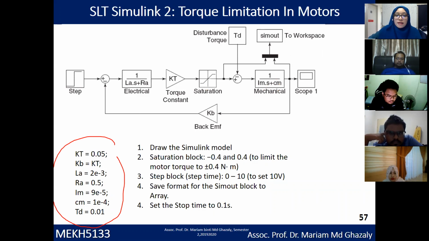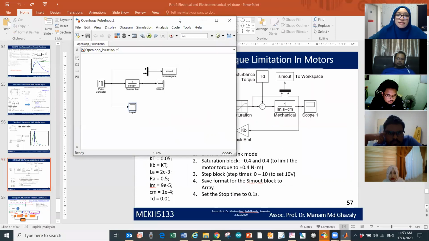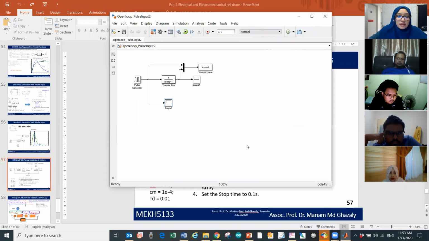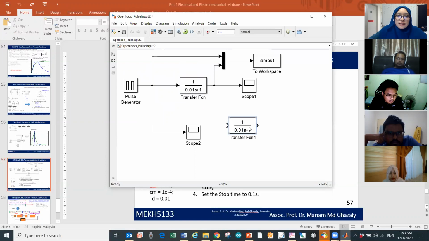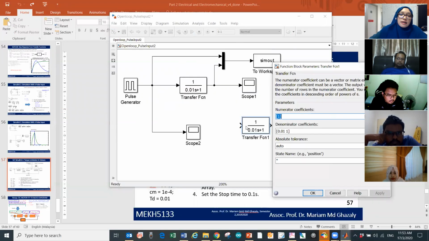What you need to do in the Simulink model is that instead of setting it as this value, you may set it, for example, for this case, Ls plus Ra, right? So you set it as L, Ra.